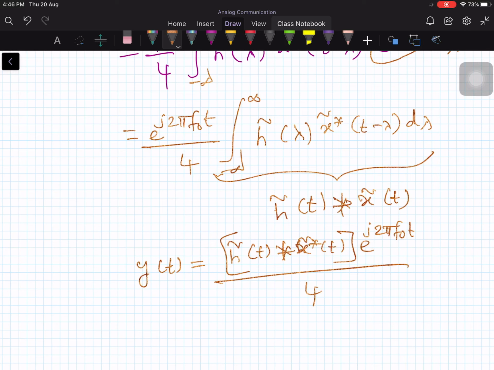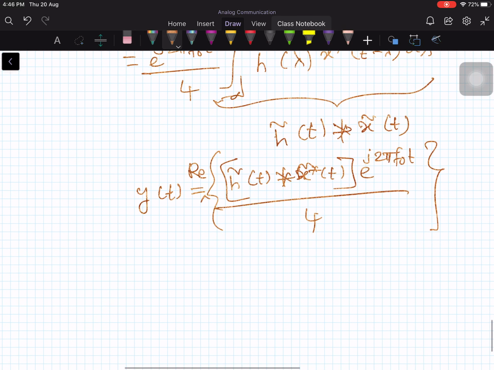Now, you take the real part to get the output. So, you are taking the real part of this one and adding to this.